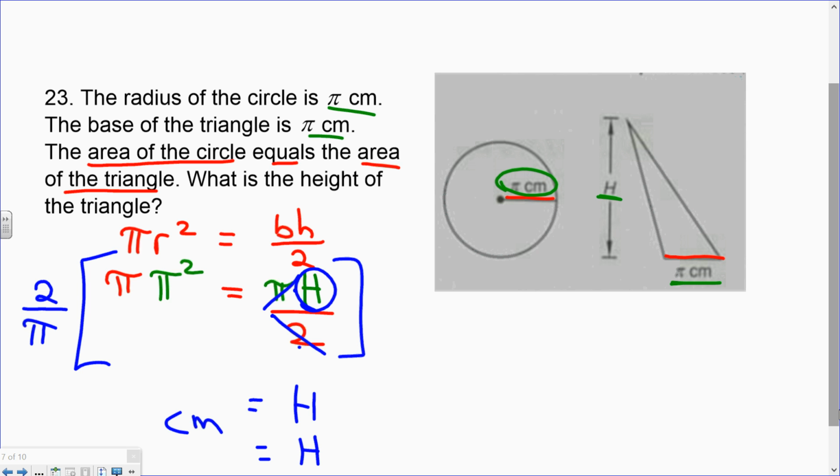As you finish that, let's take a look at number 25 next.